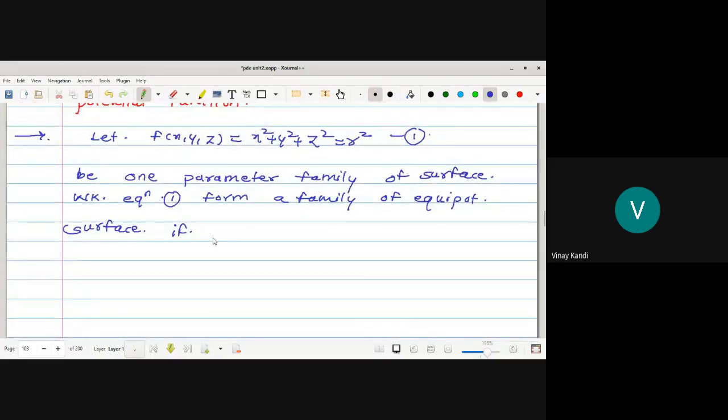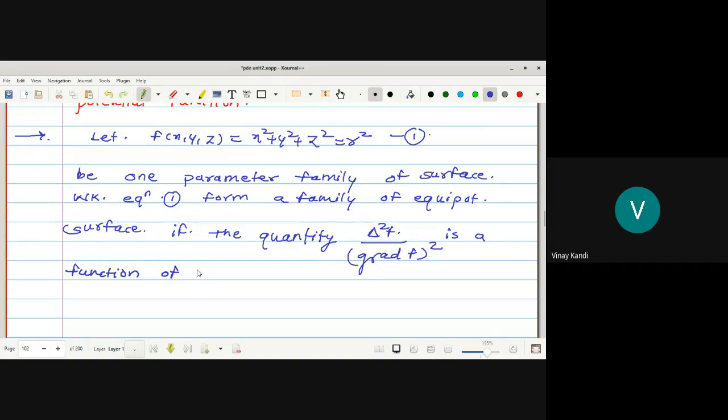If the quantity delta square f upon grad f bracket square is a function of f alone.